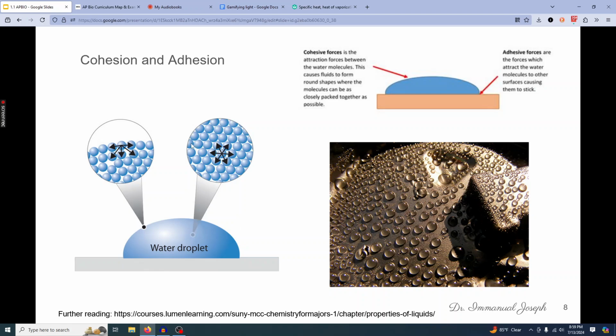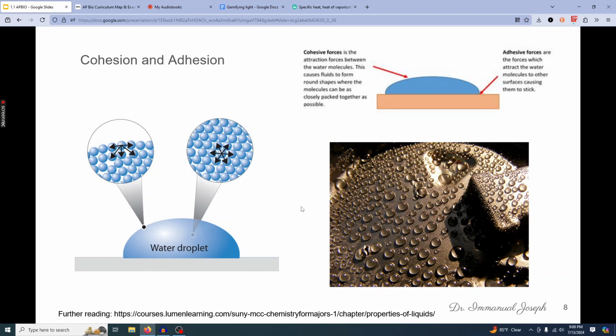It's because the hydrogen bonds within the water are all connecting and pulling the water molecules together so that it clumps into this shape. And a sphere is the most favorable format in terms of surface area to volume relationship. So that's why it forms a spherical droplet.